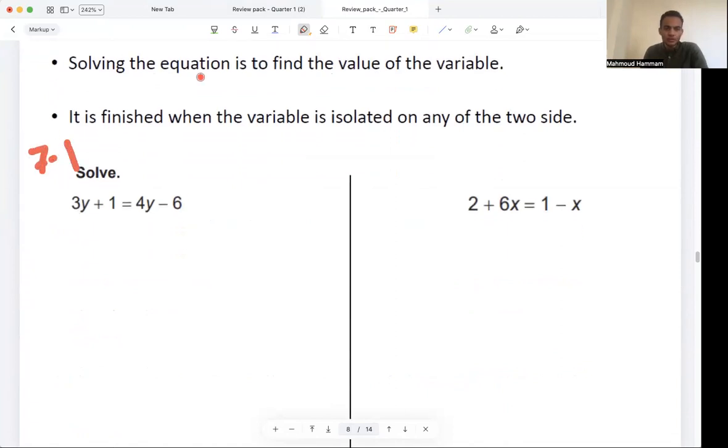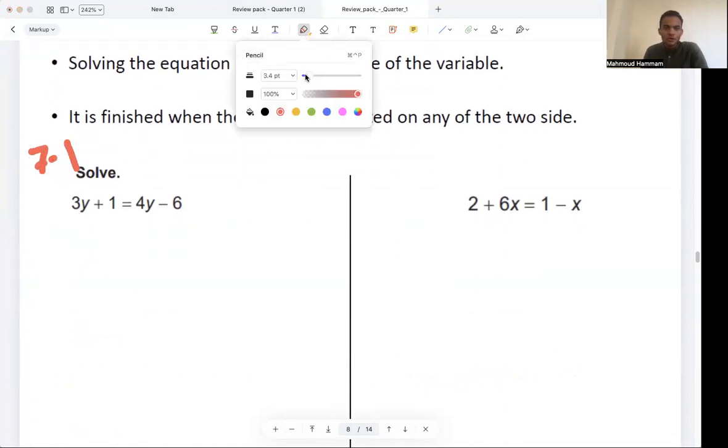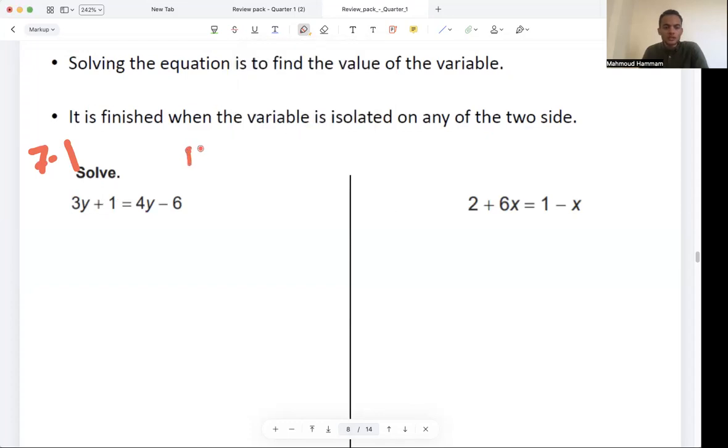Fine. So step number 1, 7.1. This is 7.1. Who remembers what to do? We try to use this code: distribute if I have a bracket, combine the like terms, and isolate the variables from the constants, letters from numbers. So now, do I have distributing? No. So I will go to combining like terms.